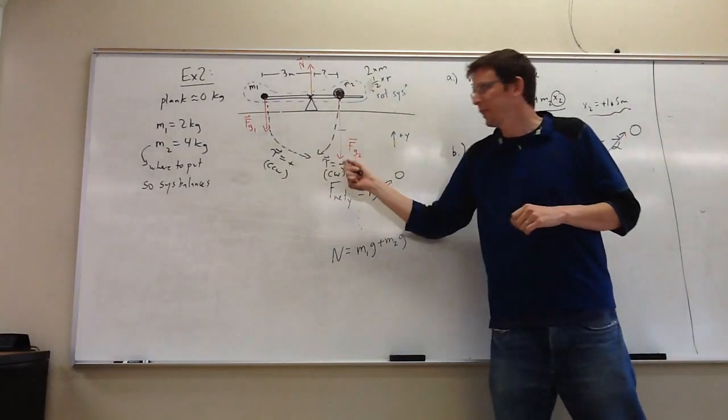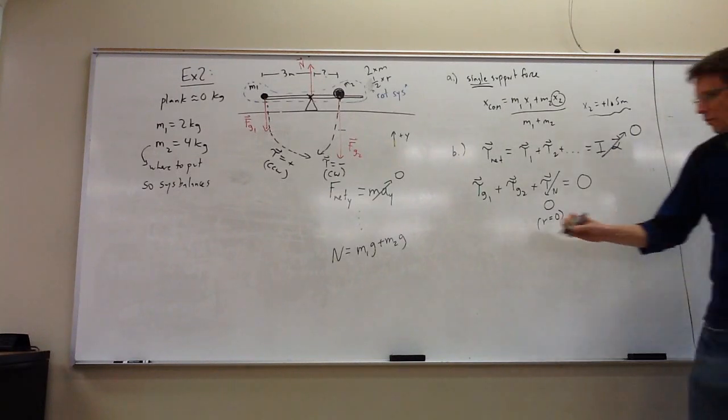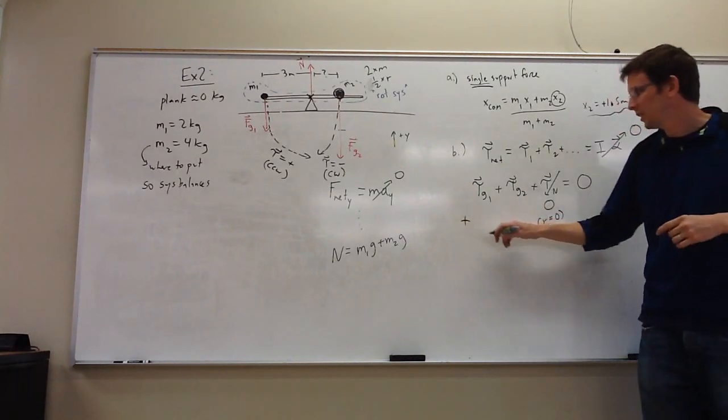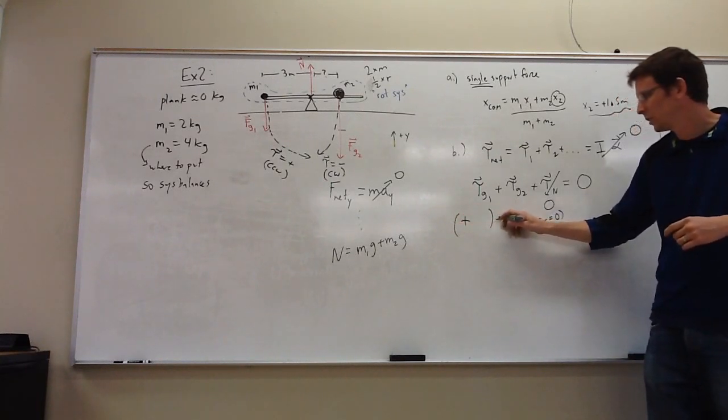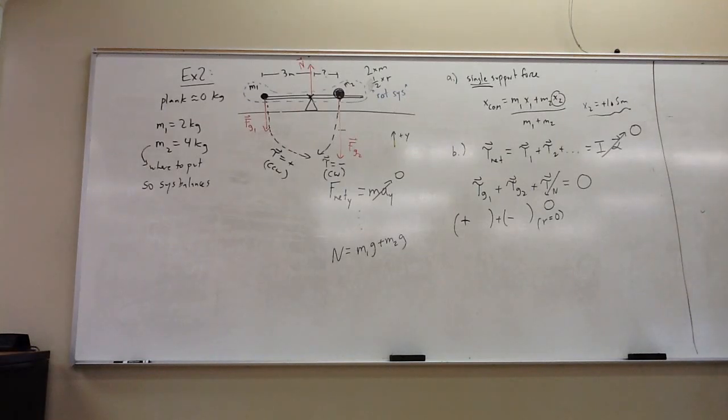And you had better get some mix of plus and minus torques, because that's the only way you could get 0, right? You have to have that some forces want the system to rotate one way, some want it to rotate the other. So this torque is going to be plus, we decided, and this is going to be minus. And then this one is 0 in its own right.